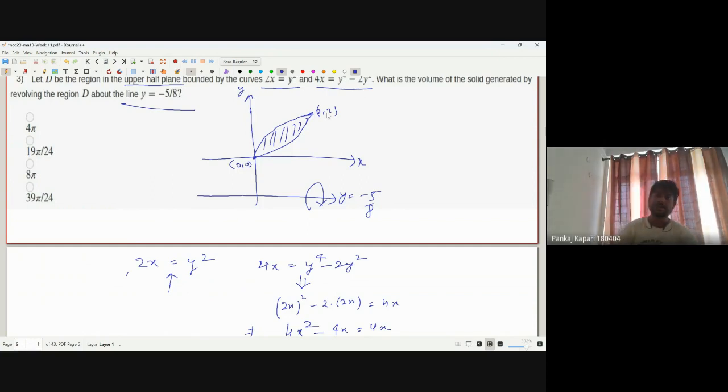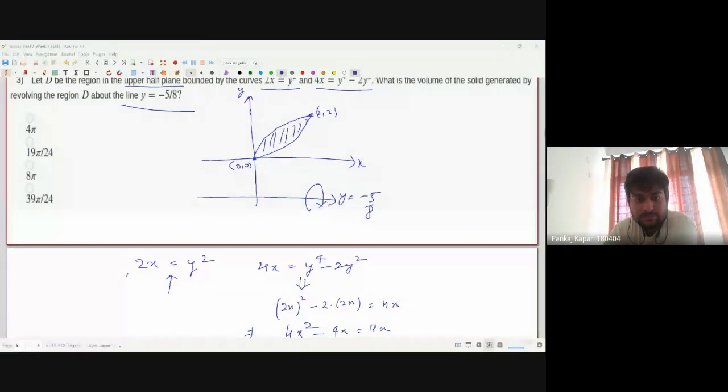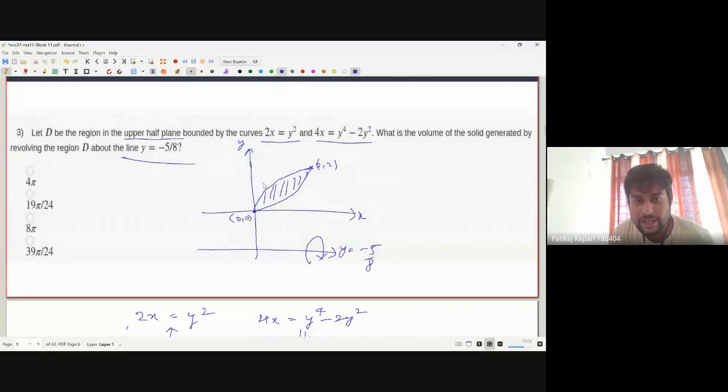Again, you can use cylindrical cells. You can use the washer method to find the volume, but we'll find the volume using cylindrical cells. Okay, so if you take a cell, that means you take a small strip. So you are partitioning this length.